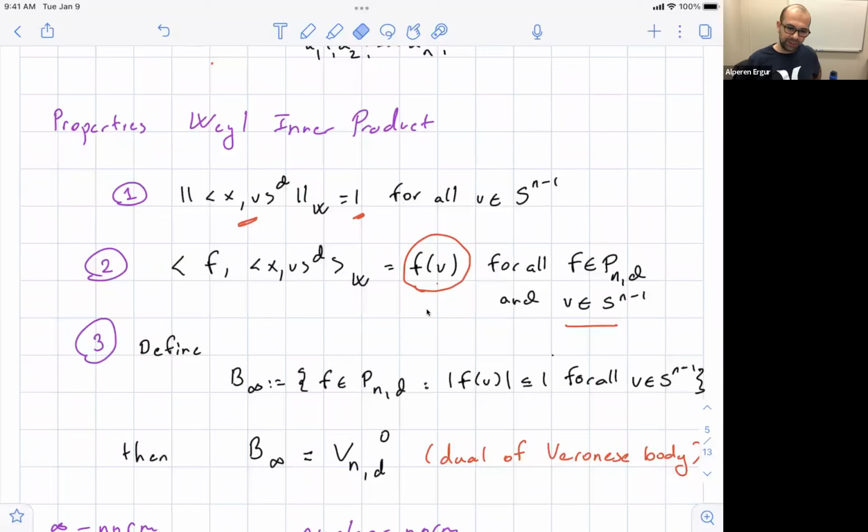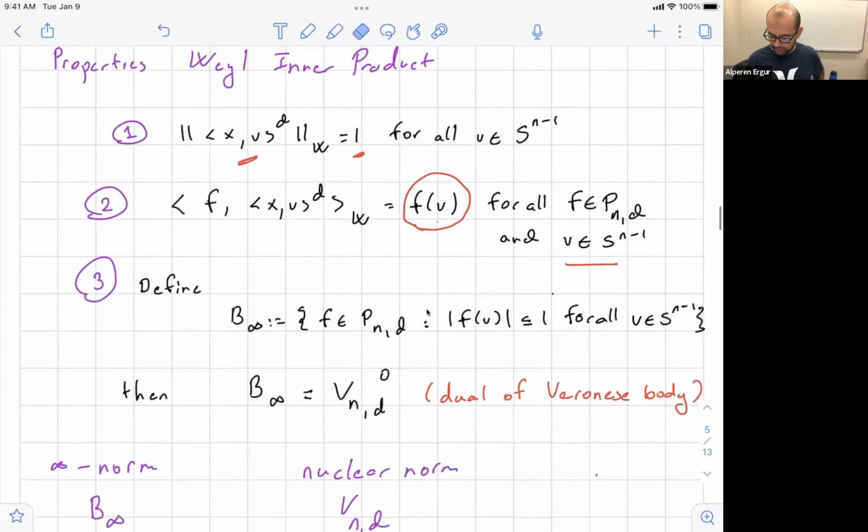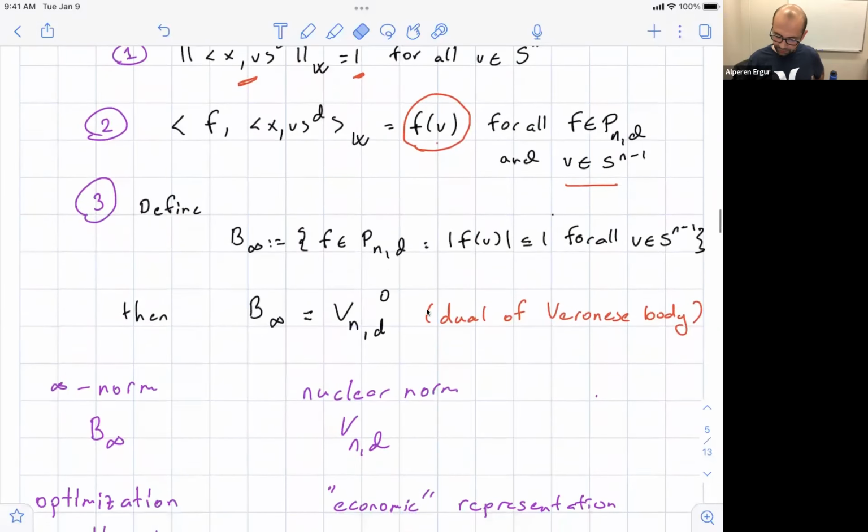Due to this property, we have a duality, which works very nicely. It goes as follows. If I define the infinity ball as the polynomials that have absolute value at most 1 on the sphere, then due to the second property, and this of course takes some time to think through, this ball is precisely the dual of the tensor, or Veronese, body.